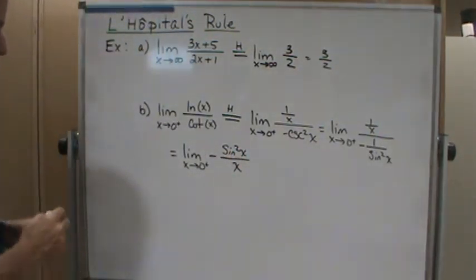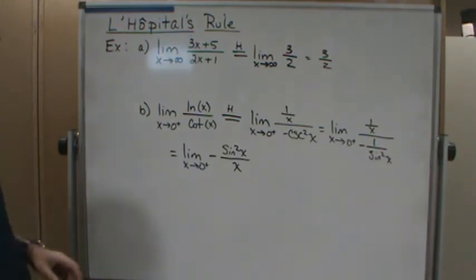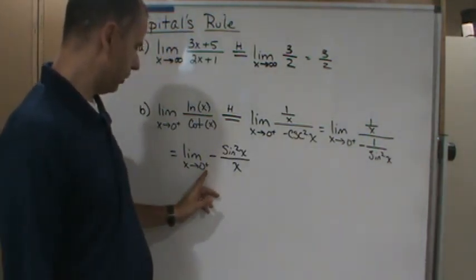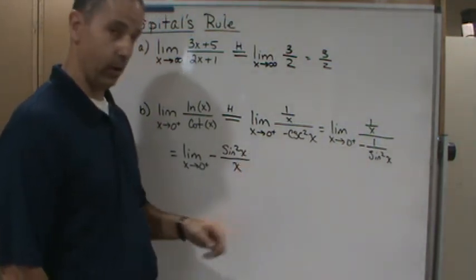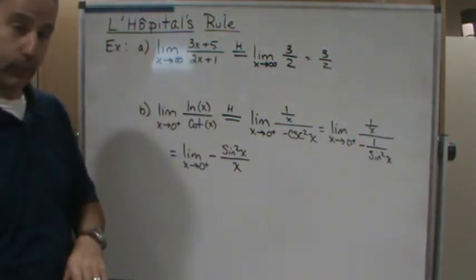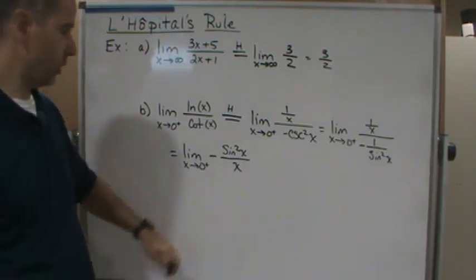Okay, now, notice as I approach 0 on the right, I get what now? I get 0 over 0. So guess what? I'm going to apply L'Hopital's rule again.